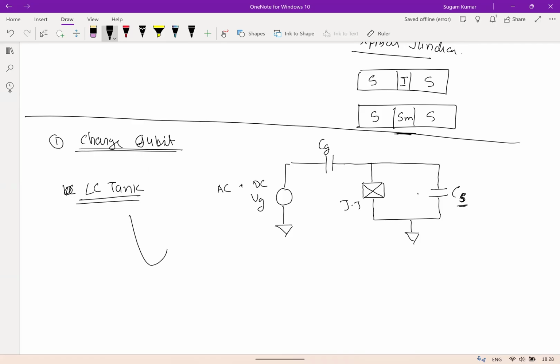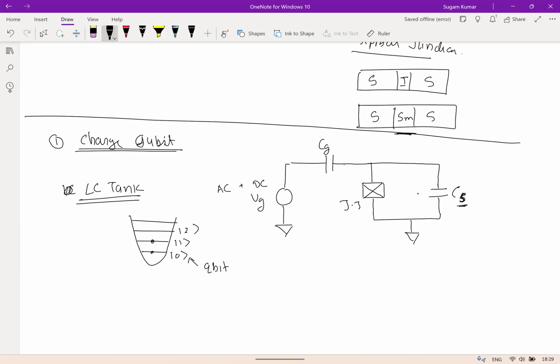And in the LC tank, you will see that there are energy levels. And these energy levels I'm going to call 0, 1, or 2. And these states I'm going to use as a bit or quantum bit. And I will show you that these qubits can be used to do all the stuff which we have already discussed previously.